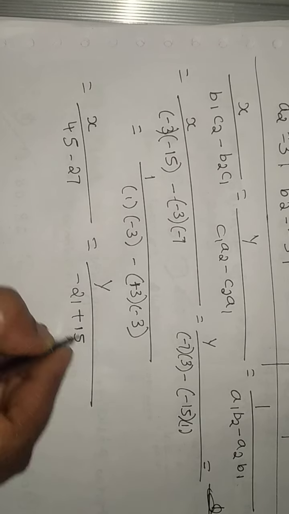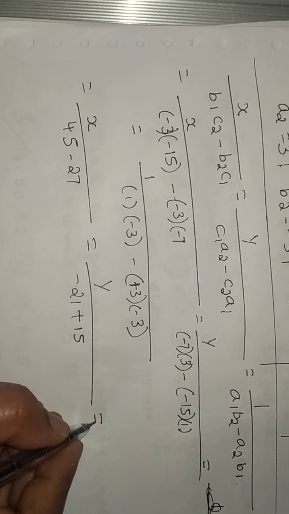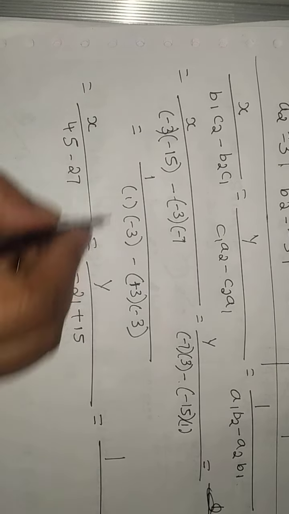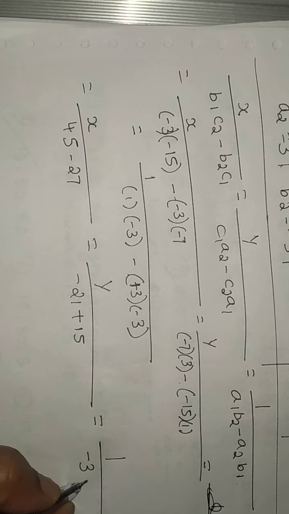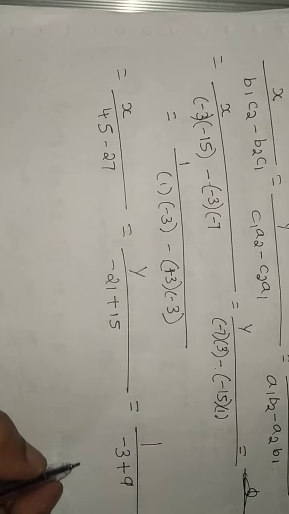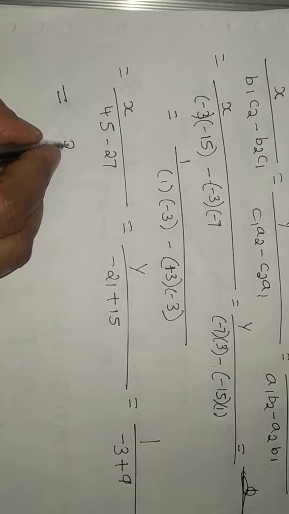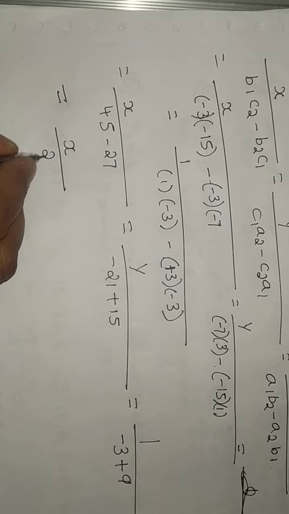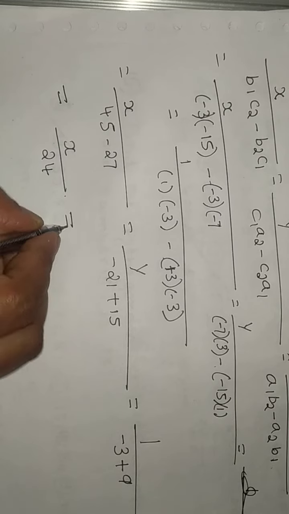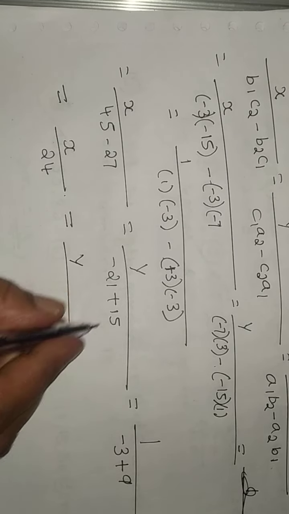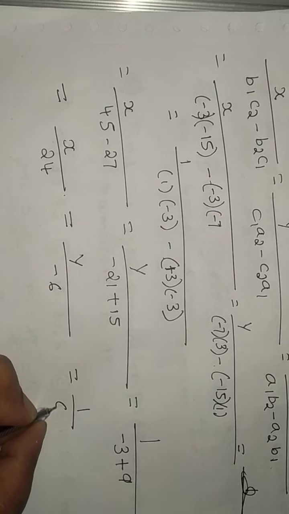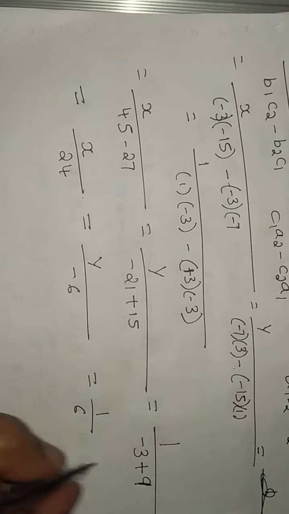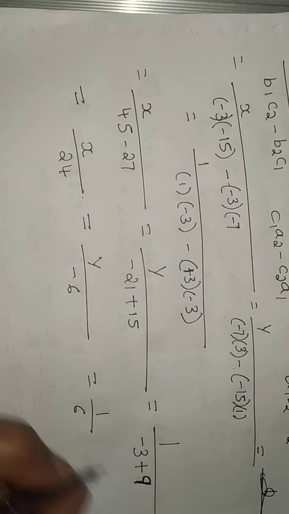Minus goes inside, it becomes plus here, which is equal to 1 by how much? 3 into 3 minus 3, 3 into 3 is 9, then minus into minus plus 9. So we simplify x by 45 minus 27 becomes 24, which is equal to y by minus 21 plus 15 will become minus 6, which is equal to 1 by 6. So this is so much.